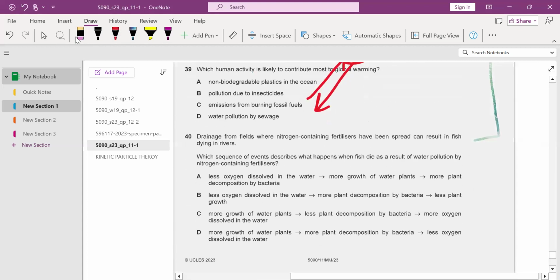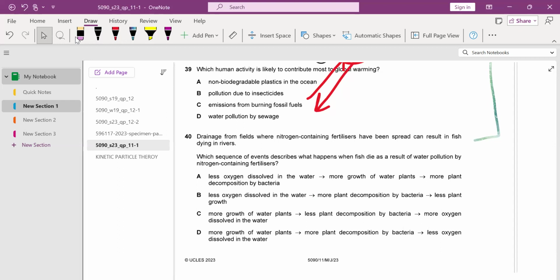Question number 40. Drainage from a field where nitrogen-containing fertilizers have been spread can result in fish dying in the river. Which sequence of events describes what happens when the fish die as a result of water pollution by nitrogen-containing fertilizers?